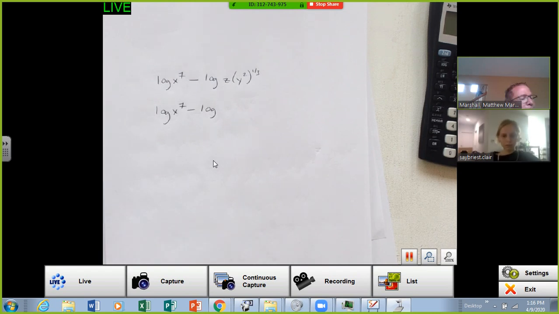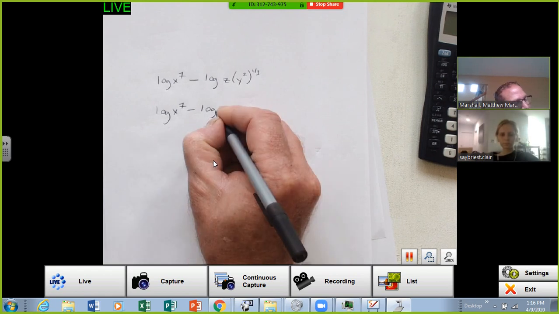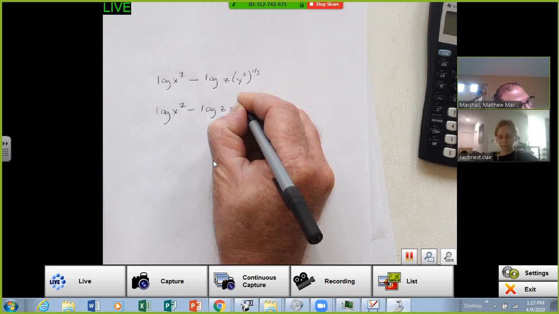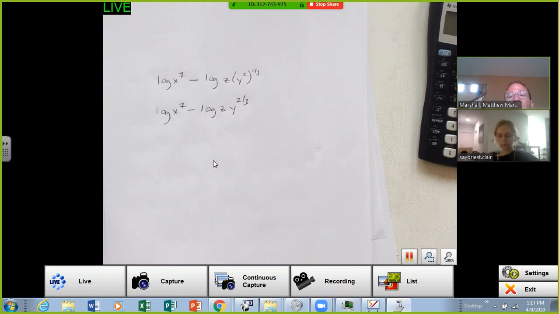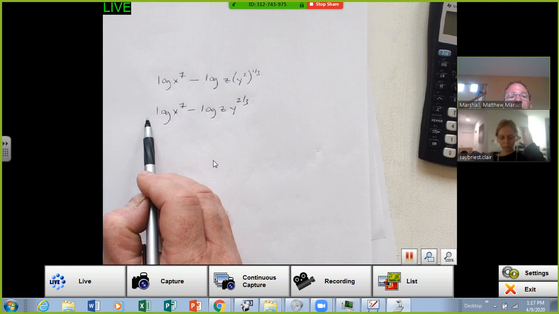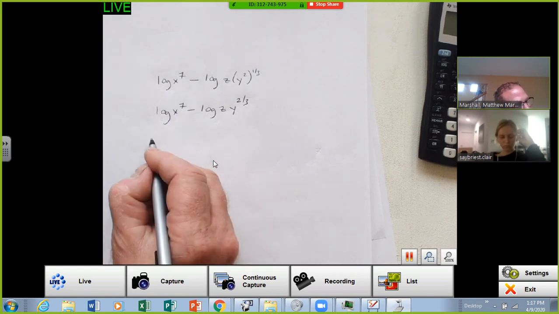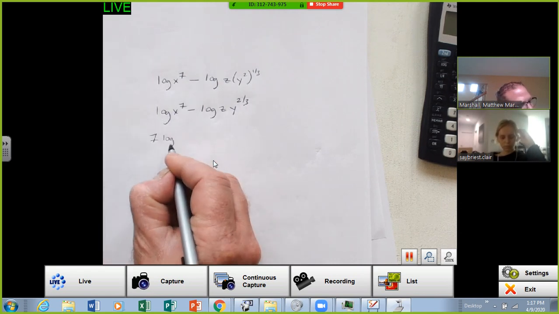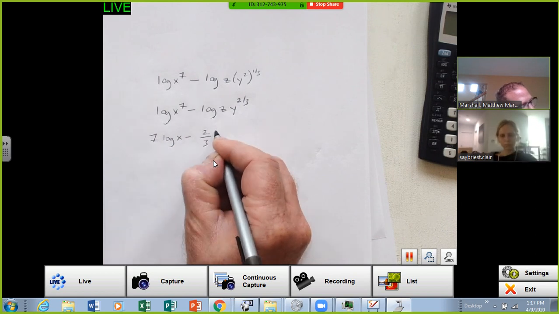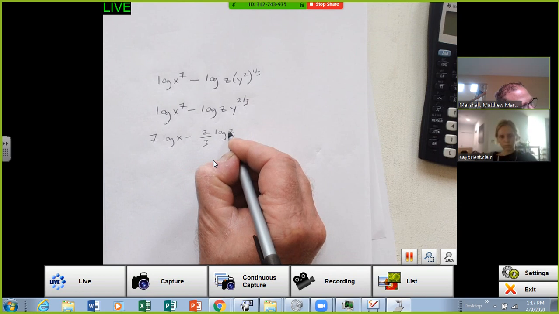Okay. Because that first problem was log z. I changed that 1/3. So I'm going to write that as log z y to the 2/3 power. Maybe that was where my mistake was. And I'm going to bring this 7 down and bring that 2/3 down. So I'm going to write this 7 log x minus 2/3 log zy.